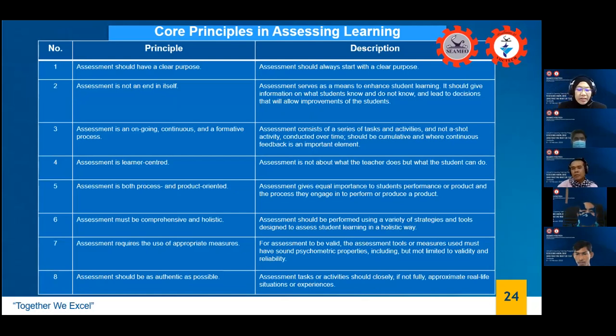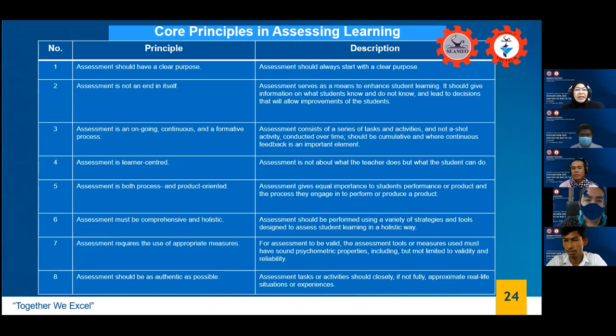Our assessment in the classroom should not be a full stop after which we do nothing. It should be a comma or a colon where, after identifying where they are lacking, we could do something about it. If it is their shortcoming, we find out. If it is our shortcoming, how do we go about it, right?